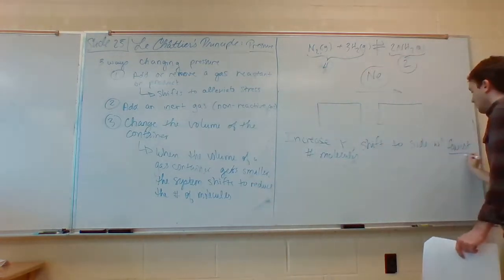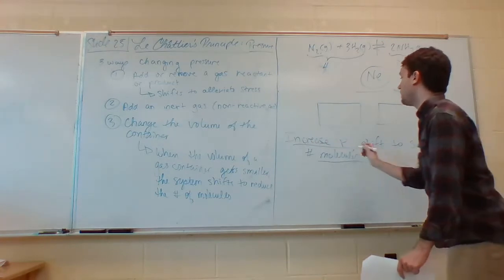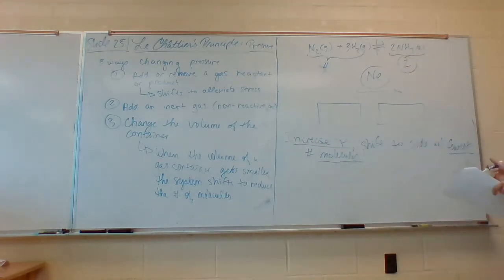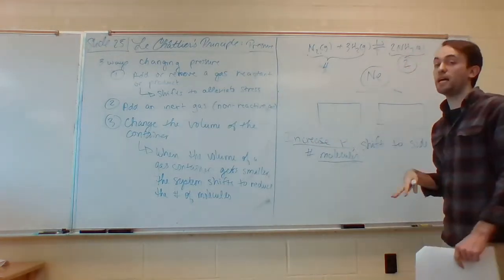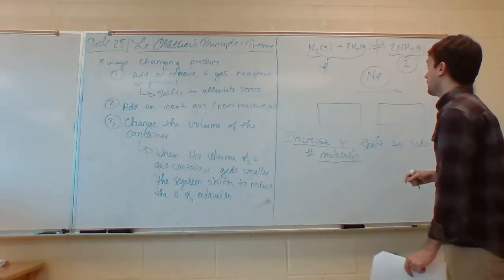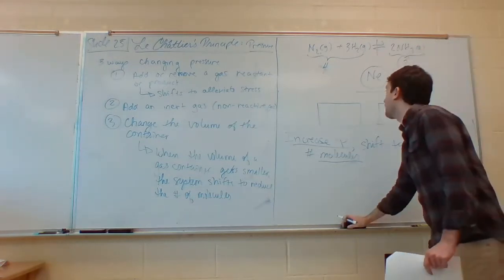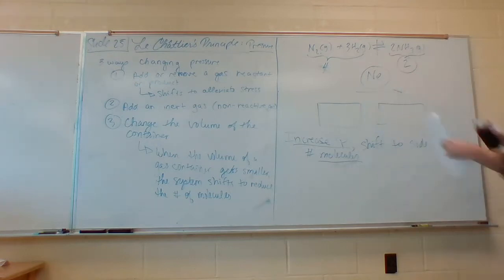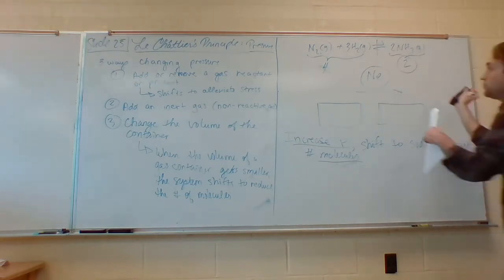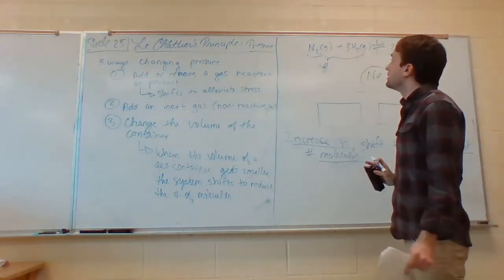That means that if I decrease the pressure, I'm going to shift to the side with the most molecules. Okay? So, if I removed a whole bunch of neon, that means that it would shift back to the side with more molecules.